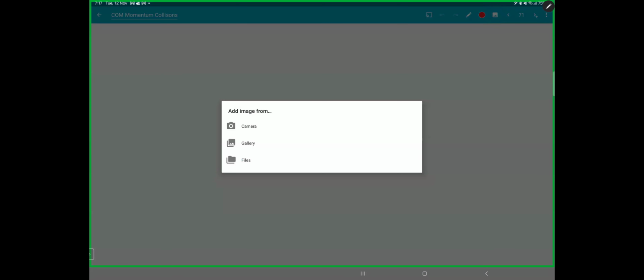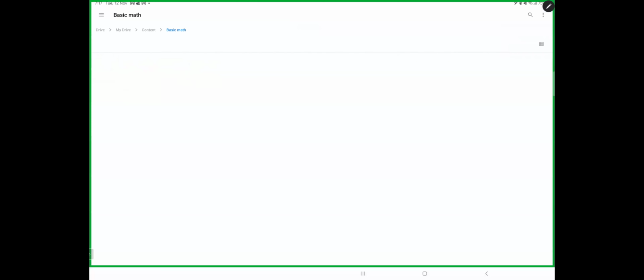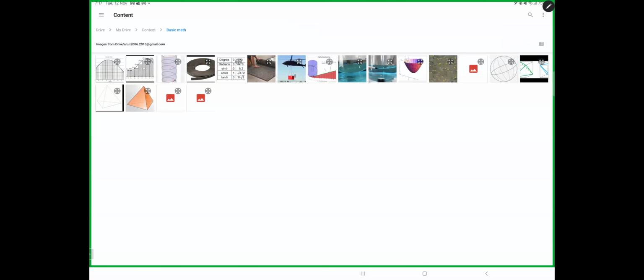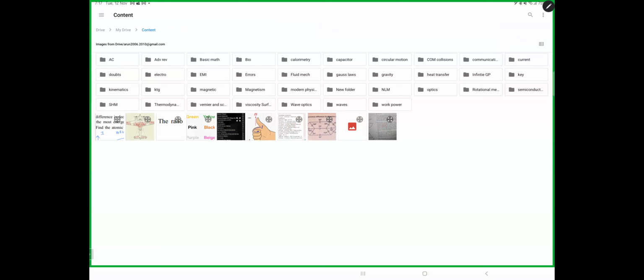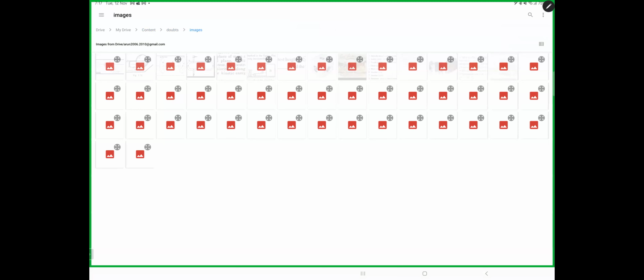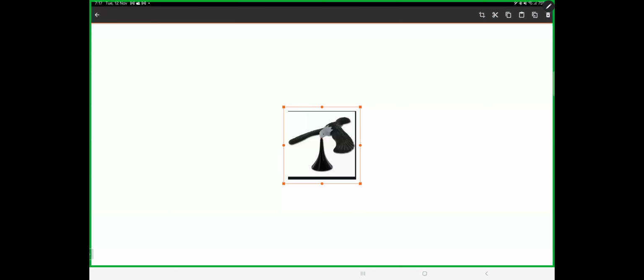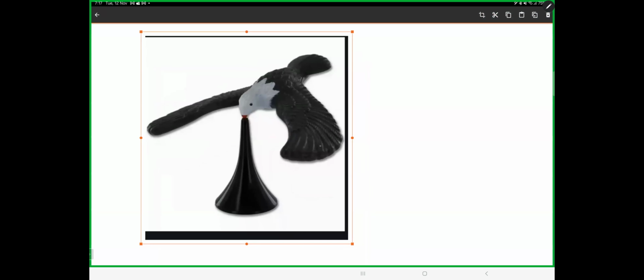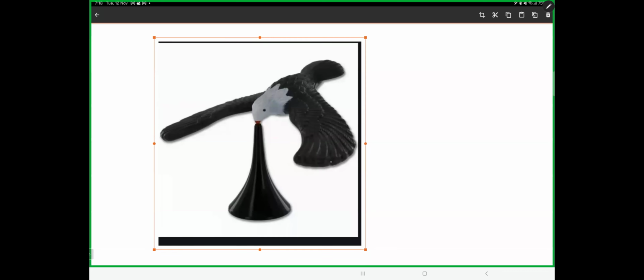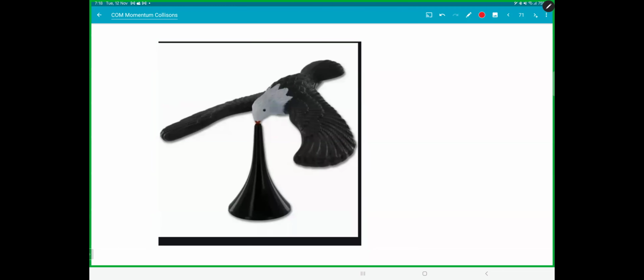I'm pretty sure you must have seen a toy like this. Did you ever see a toy like this? Never seen this? You have a bird here. This entire bird is just balanced on the beak. We used to have this toy when I was a kid. You can get this on Amazon for 500 rupees. Just search balancing toy or something like that.